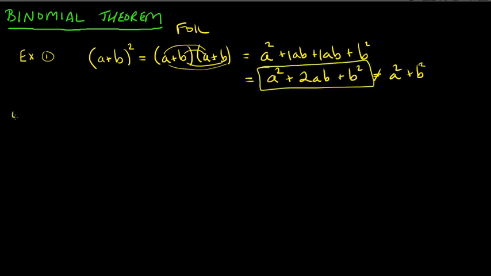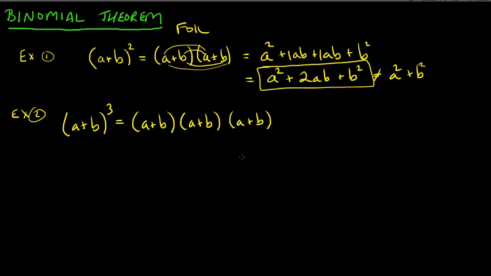So that's that. Well, what if you want to do (a plus b) to the power 3? Again, by now you know this is not a cubed plus b cubed. Can't be. Because instead, we are going to multiply (a plus b) times (a plus b) times (a plus b).